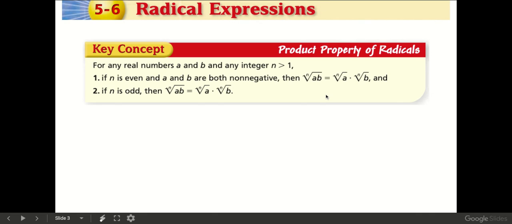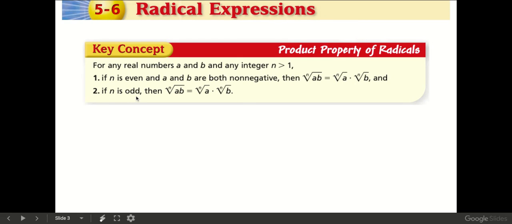The first property we're going to talk about is the product property. For any real numbers a and b, and any integer n greater than 1, if n is even and a and b are both non-negative, then the nth root of a times b is equal to the nth root of a times the nth root of b.